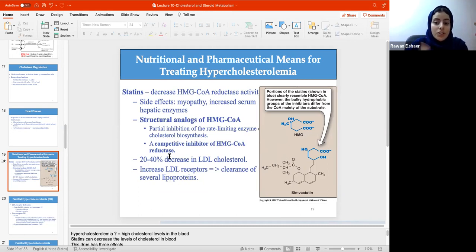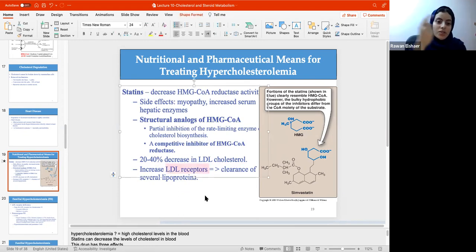And another function of statins is that it decreases the LDL cholesterol, okay? So it causes a 20 to 40% decrease in the cholesterol and LDL, and it increases the LDL receptors. And we mentioned, or I mentioned, that the LDL receptors cause uptake of cholesterol from the blood into the cells, okay?